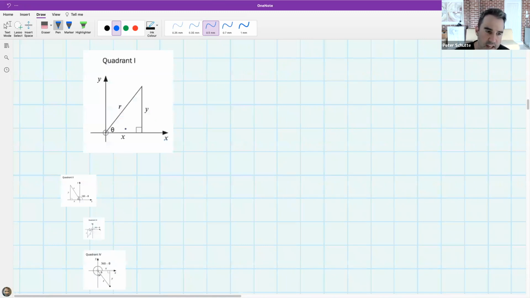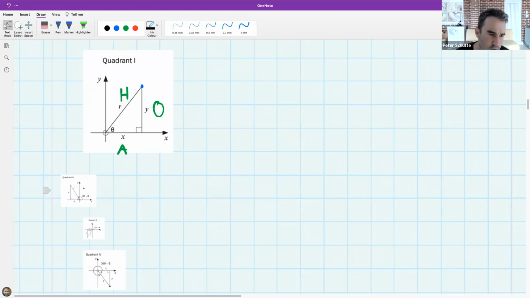In grade 10, we would have called this H, this O, and that A. But because we are on the Cartesian plane, in order to handle triangles in different quadrants, we instead use X and Y. So here's your coordinate, you have X across and Y up. And then the hypotenuse is like a radius that's swinging around the Cartesian plane. We call it the terminal arm.